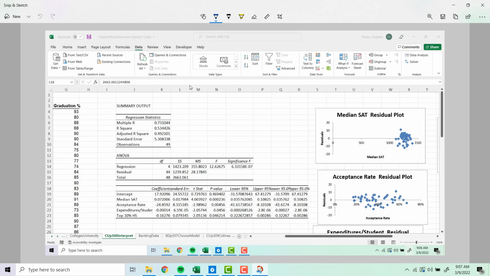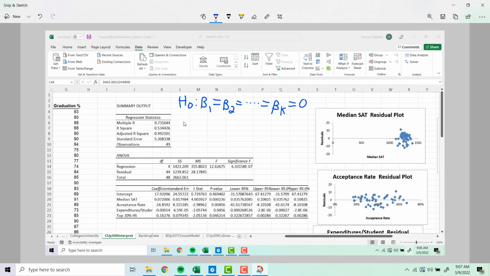The null hypothesis is that all of my regression coefficients are equal to 0: B1 equals B2 equals all the way up to BK, where K is the number of coefficients.